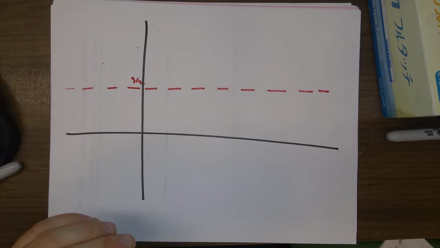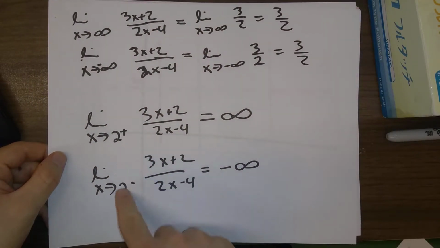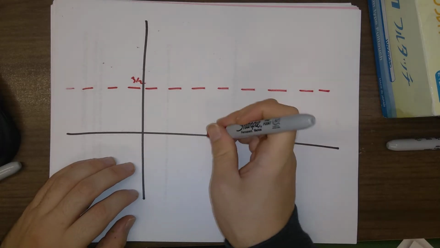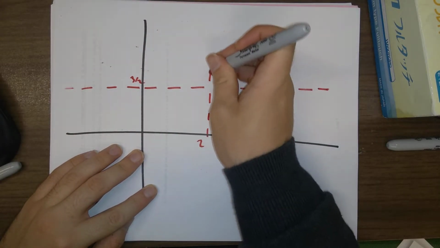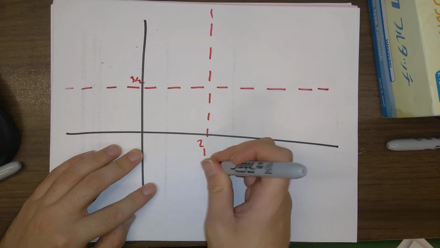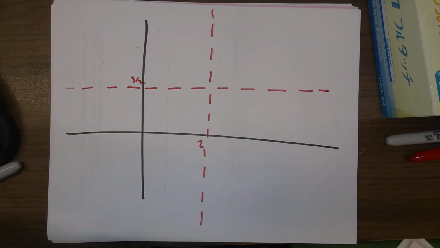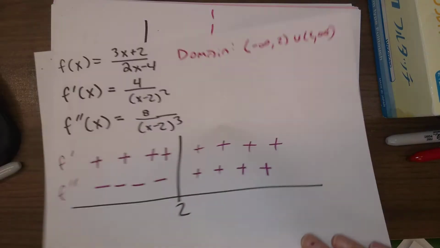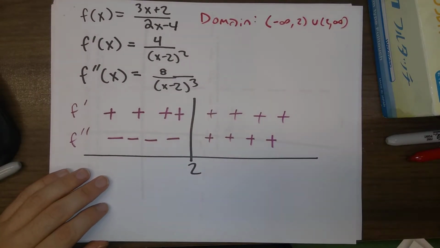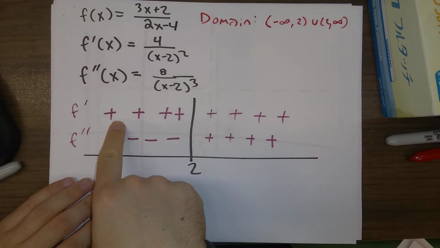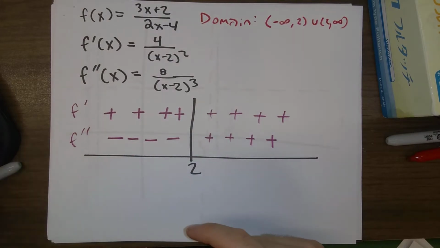And we have a vertical asymptote at 2. Okay, so now let's bring back our sign chart. Here's our sign chart.